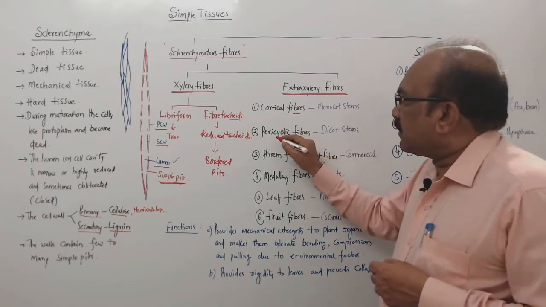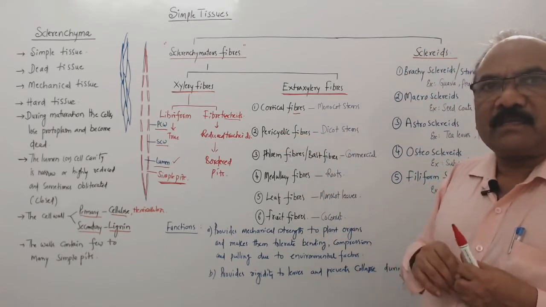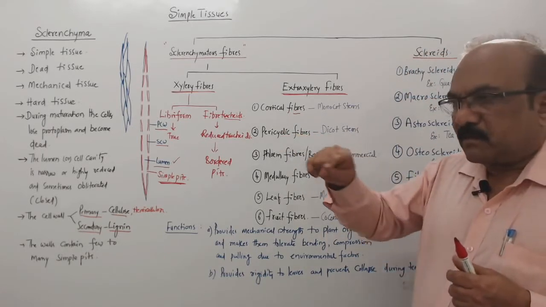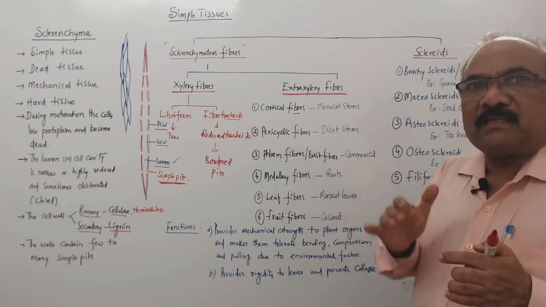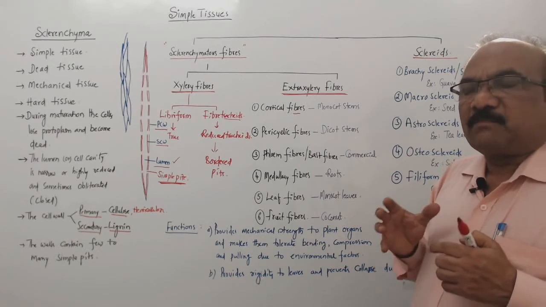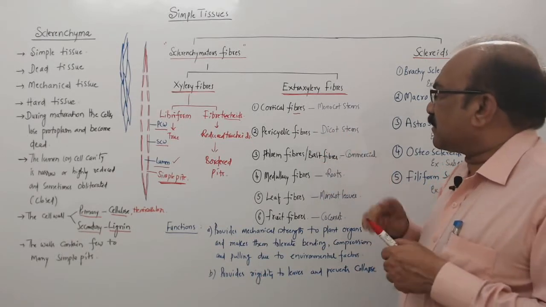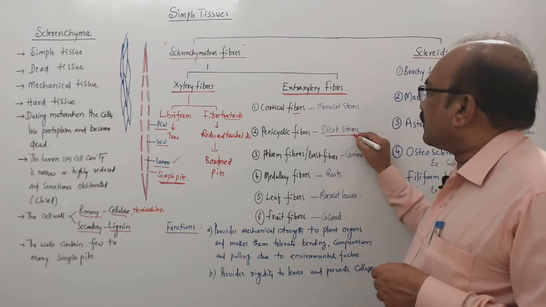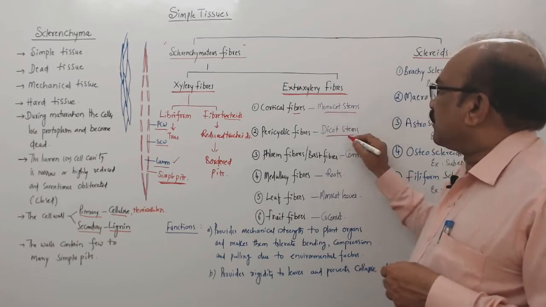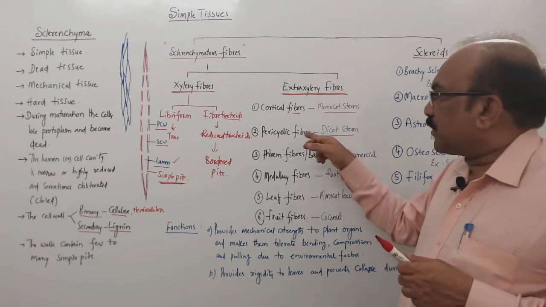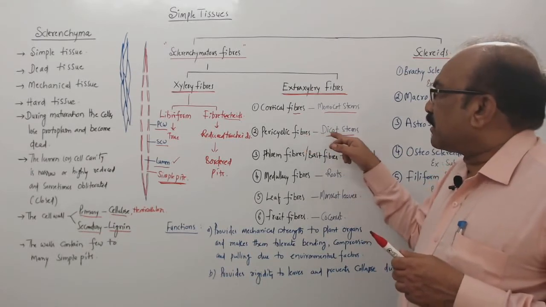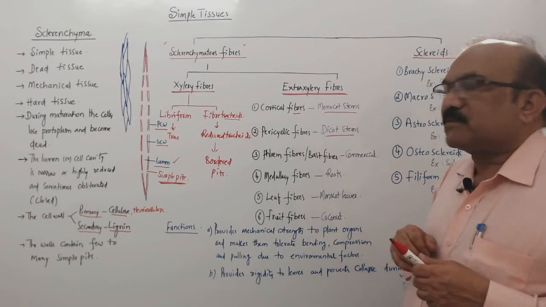And now in the pericycle, what is pericycle? Okay, so don't forget the outermost layer of the stele is called pericycle. And that pericycle in dicot stems is composed of sclerenchymatous fibers. So the pericycle is made up of sclerenchyma in dicot stems.